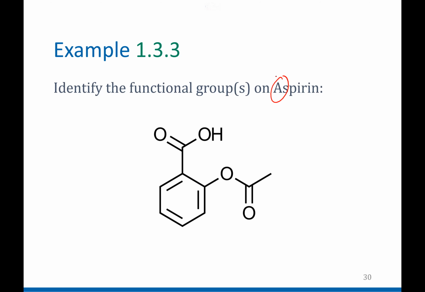This only has 2 functional groups. This is one of your functional groups on the top, and this is one of your functional groups on the bottom. Again, I see so many students try to break these apart, and they'll say, oh, there's ketones and there's alcohols.